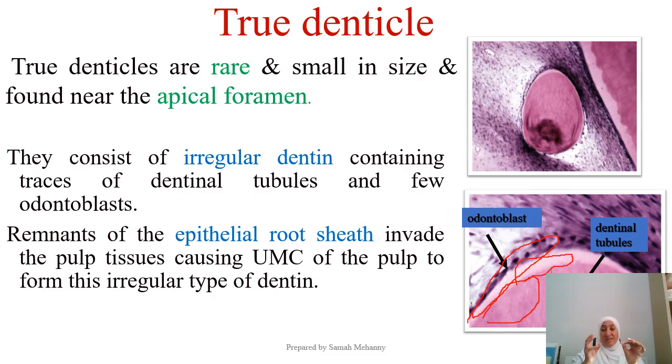This scenario is rare, that we have remnants of the epithelial root sheath of Hertwig invade the pulpal tissue near the apical foramen and induce changes in the dental pulp to form odontoblasts, and so on. Thus, these true denticles are rare.